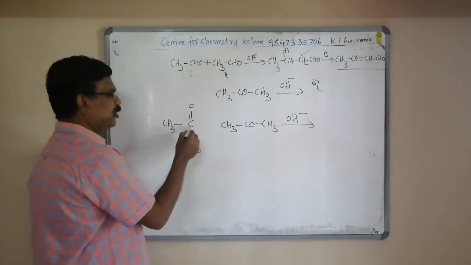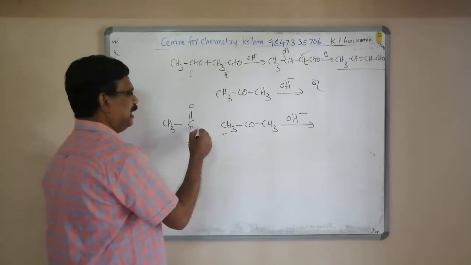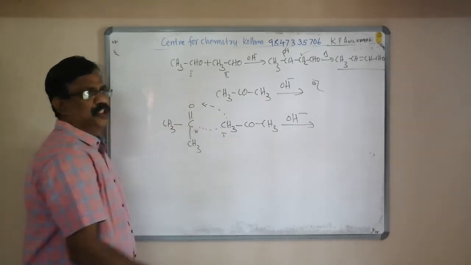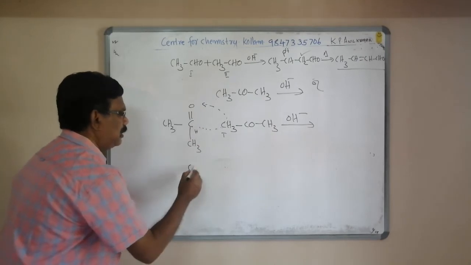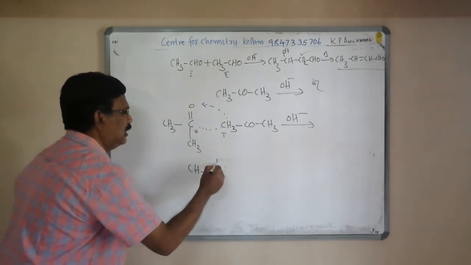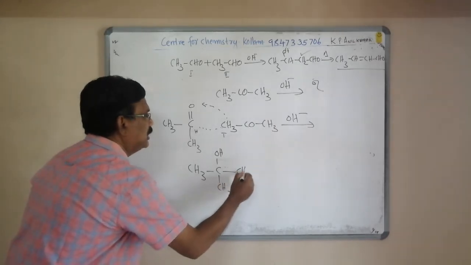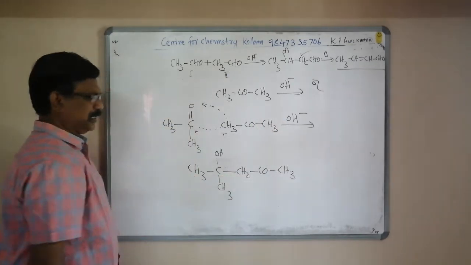This is the carbonyl carbon, the head, and this is the alpha carbon, the tail. They will join, and one alpha H migrates towards this oxygen. So the condensation product is CH3-C(OH)(CH3)-CH2-CO-CH3, and this is the condensation product.